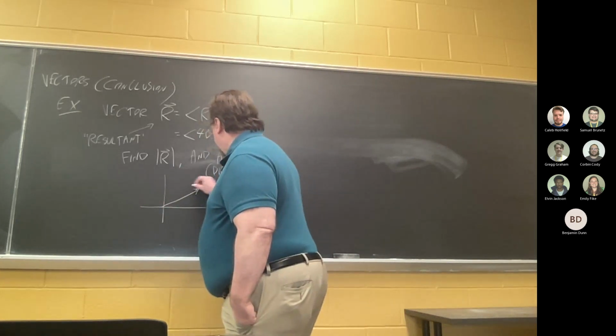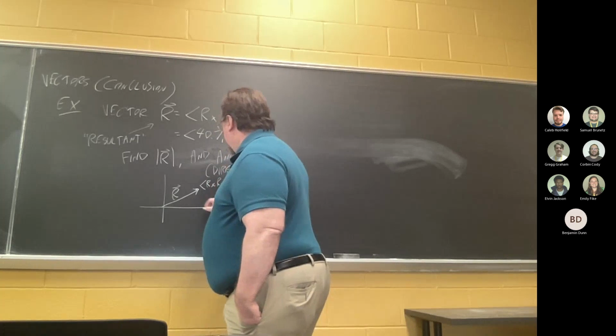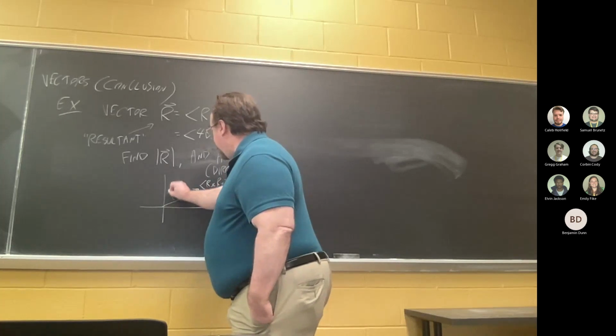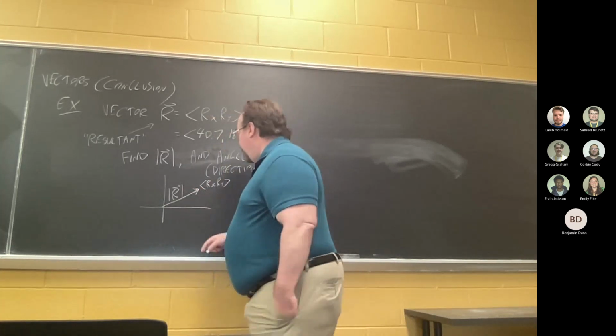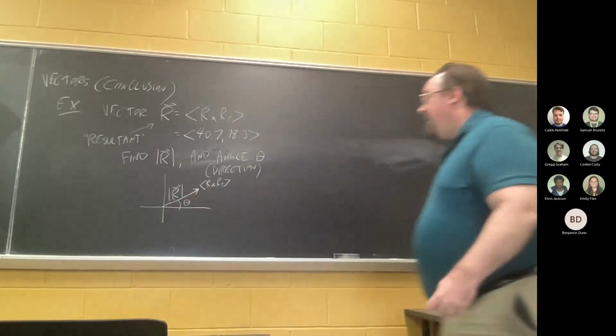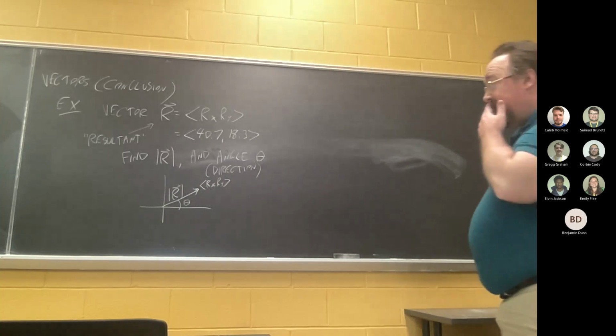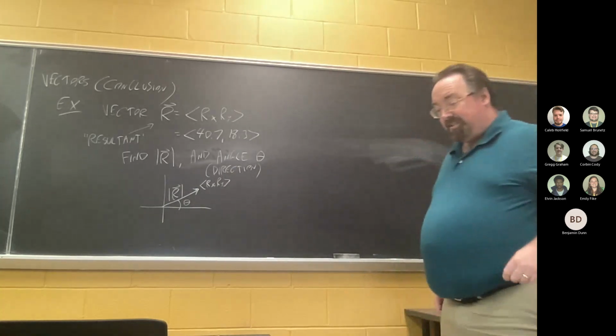This is your vector R. The length of this is the magnitude of R. That's one thing. And then you're also tasked with finding this angle theta that the vector makes with the positive x-axis.